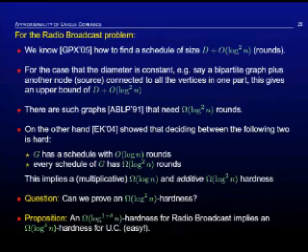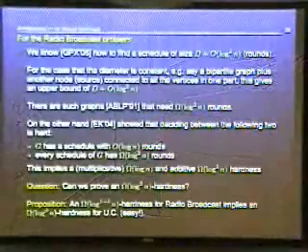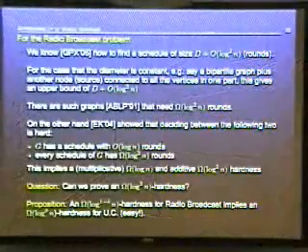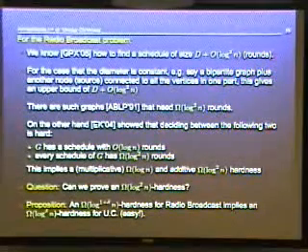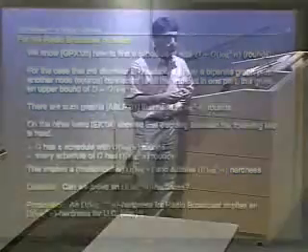And it's very easy to show that if we get a log square hardness for radio broadcast, that would imply a log n hardness for unit coverage as well. So anything above log n, like log n to the delta hardness for radio broadcast, implies log n to the delta hardness for unit coverage. So this seems to be a more difficult problem. And that's it.